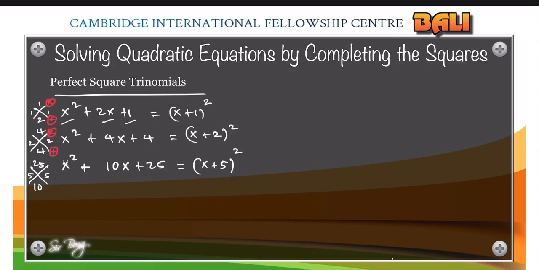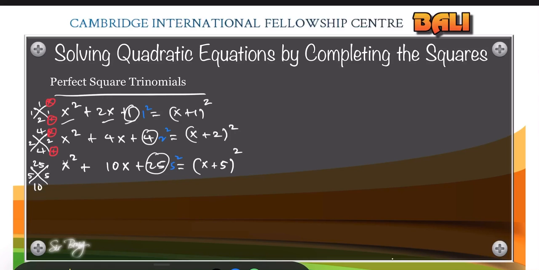Notice also that the third terms here, the 1, the 4, and the 25, can be written as just simply 1 squared, 2 squared, and 5 squared. And you will get some relationship with the middle term.